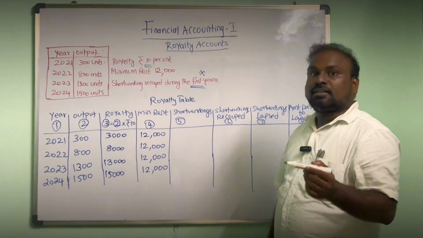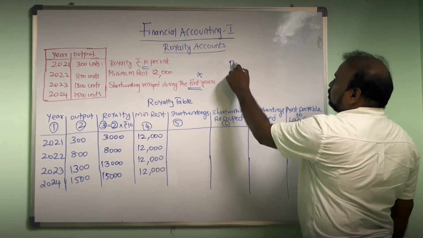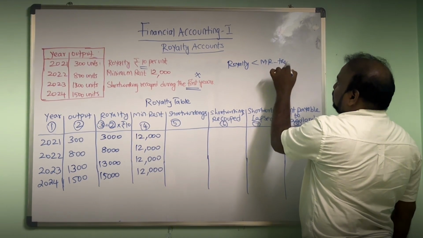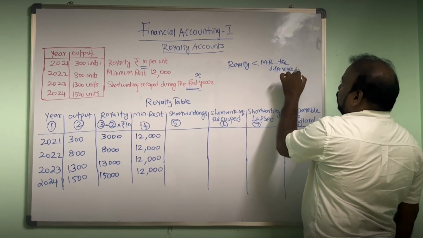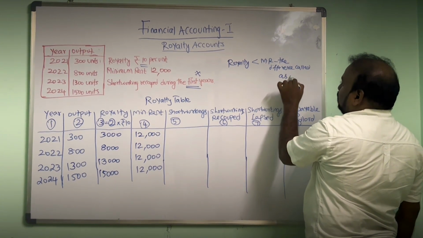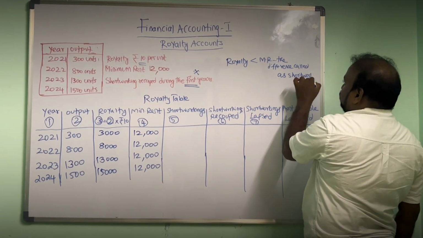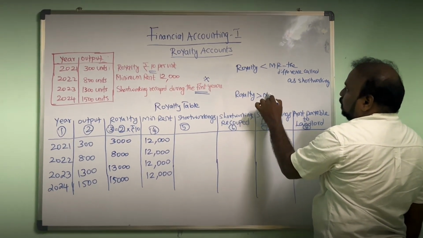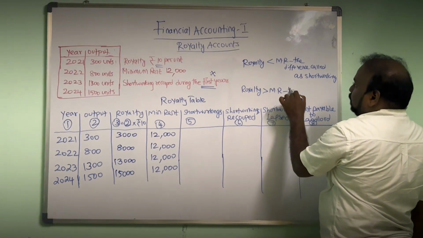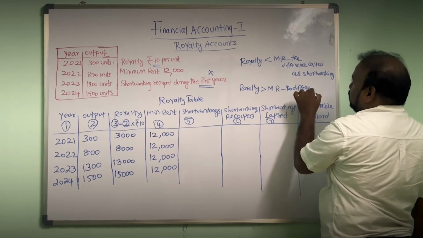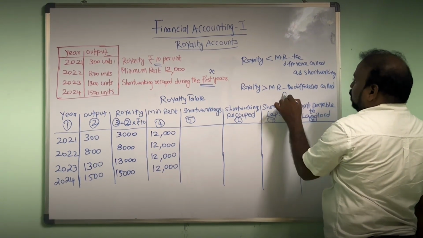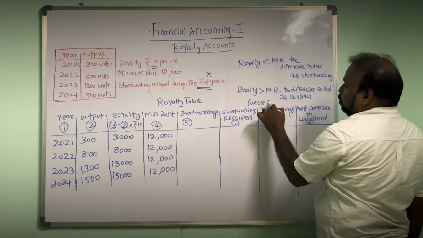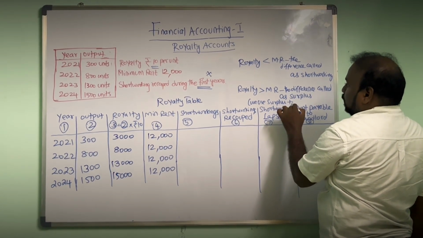If the royalty is less than the minimum rent, the difference is called short working. If the royalty is more than the minimum rent, the difference is called surplus. We use surplus to recover short workings.